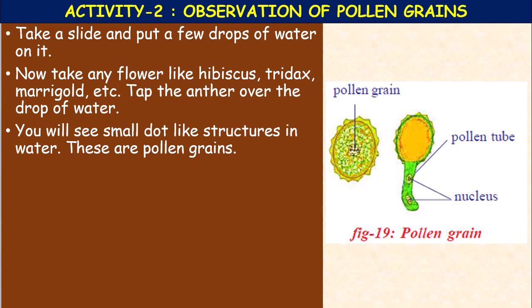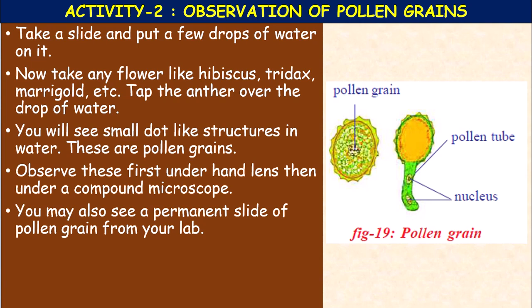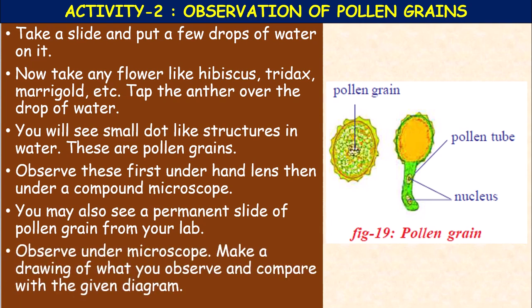So these are nothing but the pollen grains. So observe these first under hand lens, then under a compound microscope in the school laboratory. You may also make a permanent slide of the pollen grain from your lab. Observe under microscope, make a drawing of what you observe and compare with the diagram here.